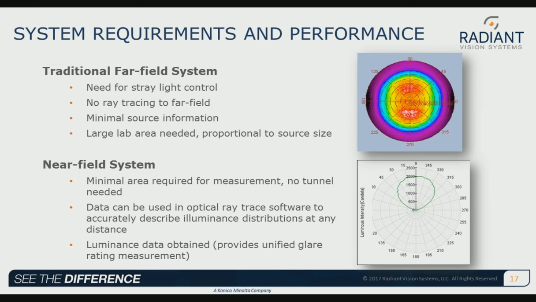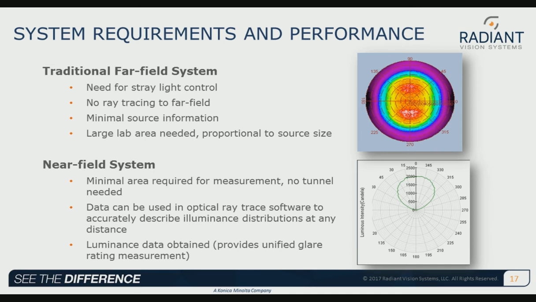So your traditional far field system will require that high degree of stray light control. Again, because you are sending light over a very long distance, so there's a lot of room for error there. It doesn't use ray tracing to get the far field data, as it is a more direct measurement in that case, but it gives you minimal source information because really all you're getting is data about where the light is going from a distant perspective, and you don't know how that light behaves close up or even on the margin between near and far field.